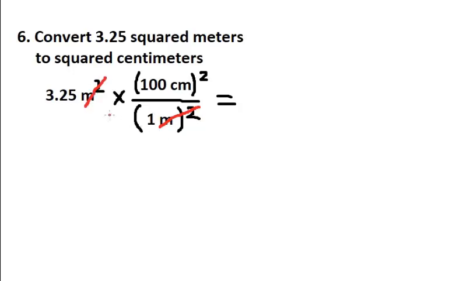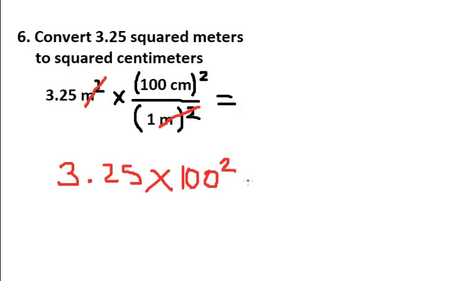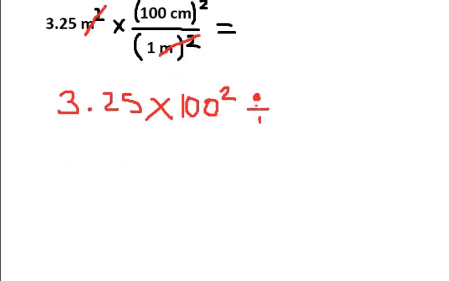Now, how are you going to write this in a calculator? You're going to have to put 3.25 times 100 squared. Don't forget to put the square, divided by, which number is this one? 1, divided by 1 squared also.